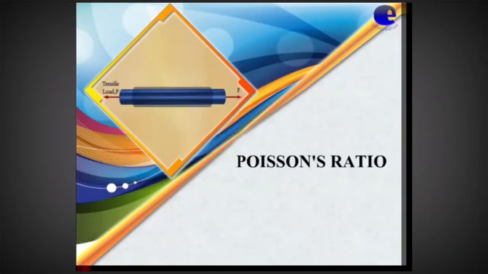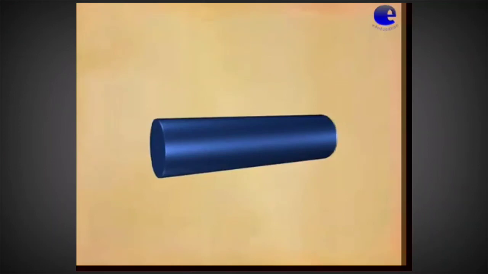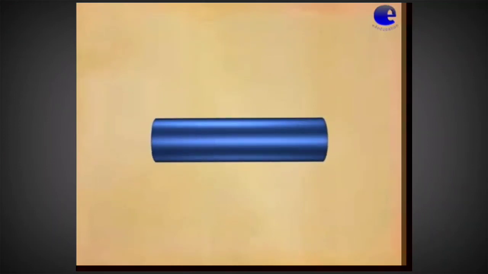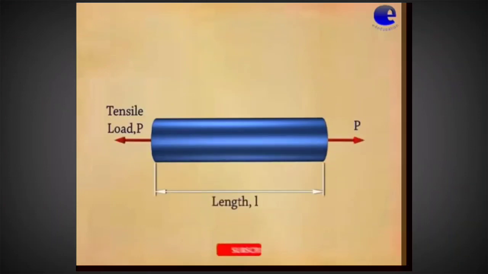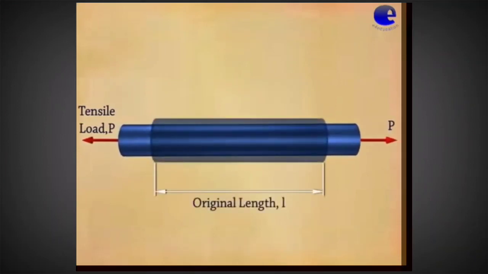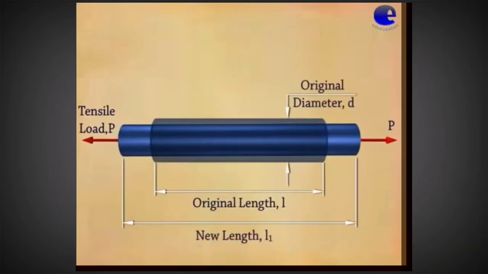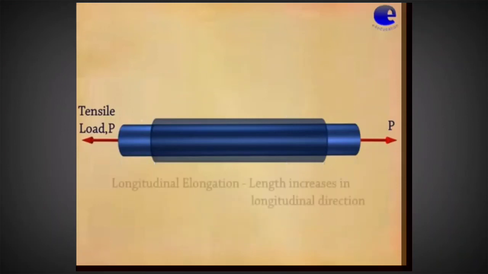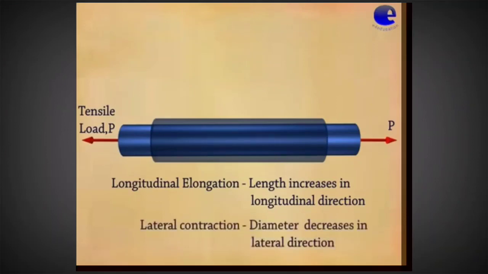Poisson's ratio. Here we take a rod. The tensile load is applied on both ends of the rod. In longitudinal elongation, the length increases in the longitudinal direction. In lateral contraction, the diameter decreases in the lateral direction.